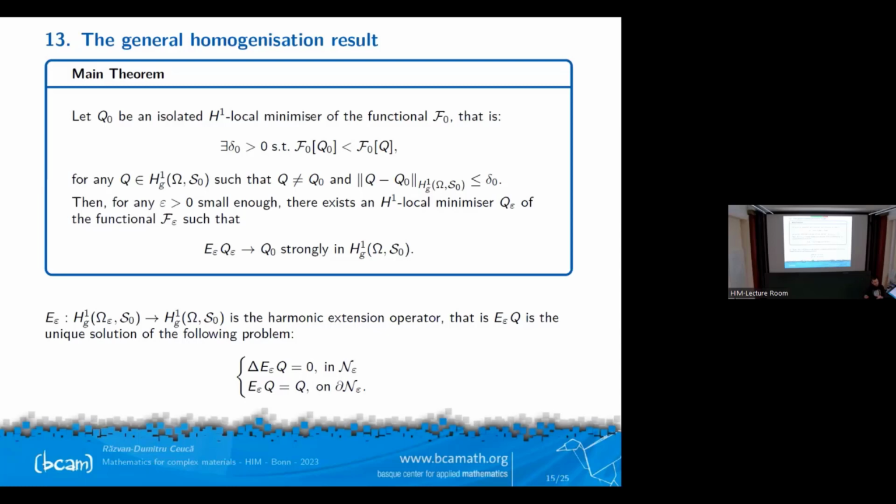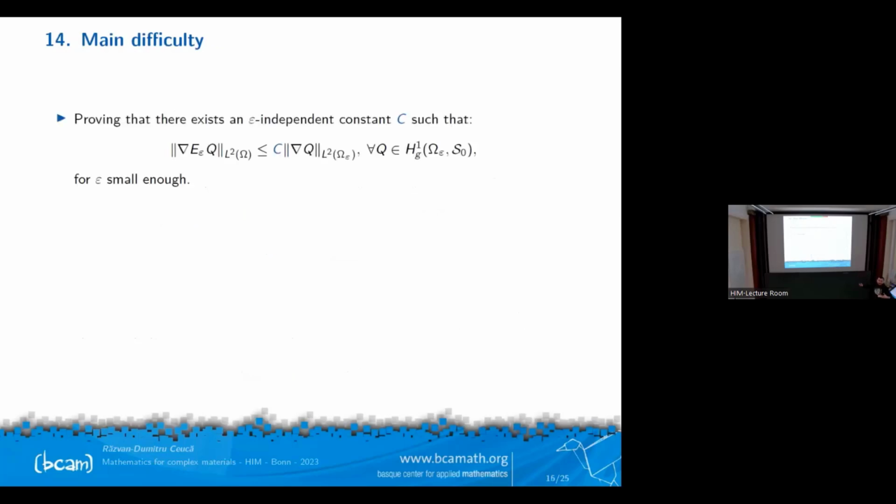The main difference here was that instead of having disjoint particles, I have one big particle, sorry. Usually when you work with extension operators, you would like to prove at some point that you have uniform bounds for the gradient. In my case that was a little bit complicated because I couldn't isolate the particles. If you have spheres, you can look in the vicinity, play around with some reflection techniques, and everything works nicely.